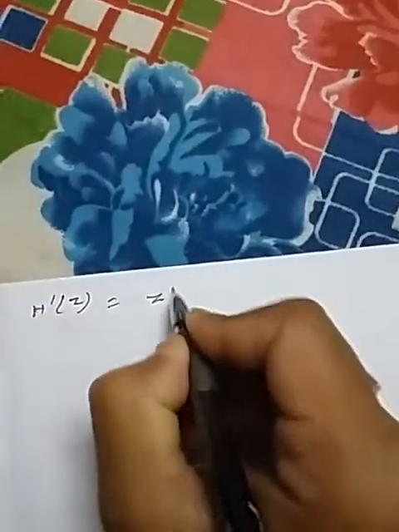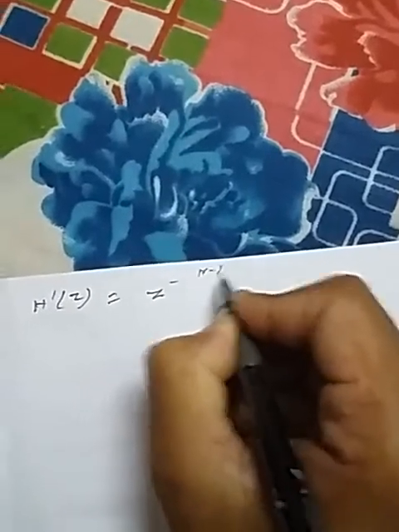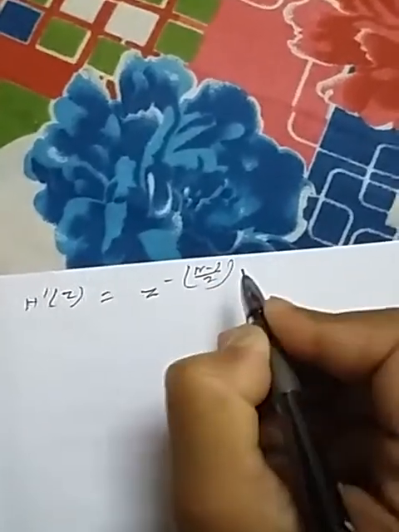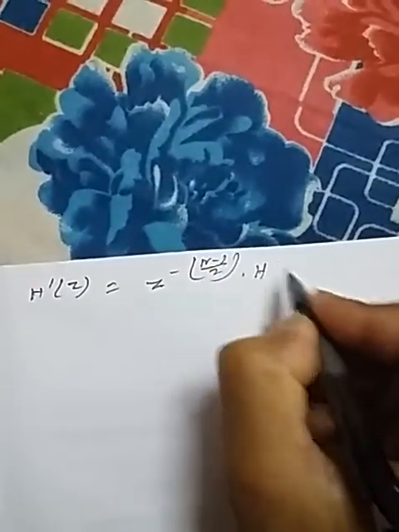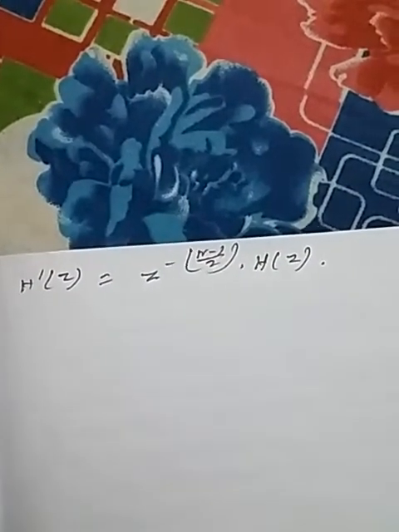So we are getting the transfer function of a realizable filter, H dash (z), equal to z to the power minus (N minus 1) by 2 into H(z). So that is the transfer function of a practical realizable filter. So these are the steps.